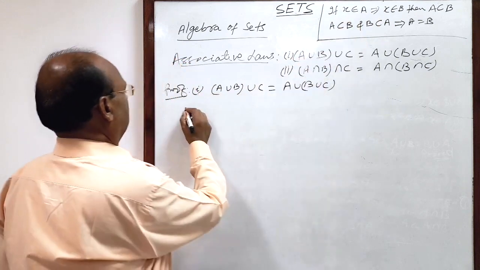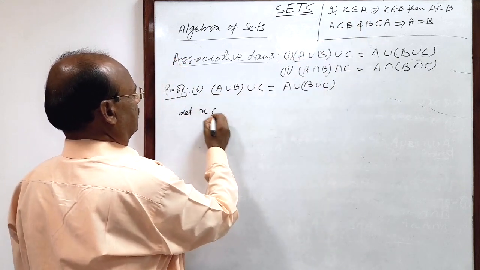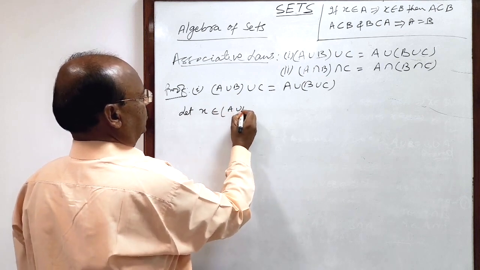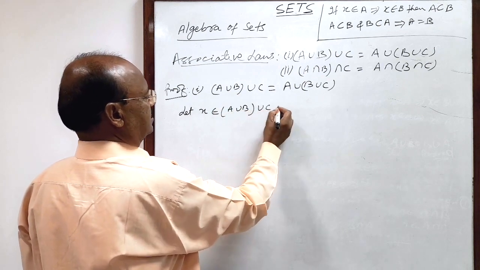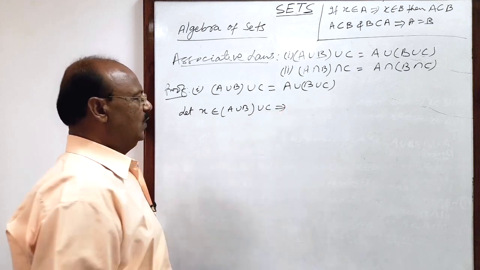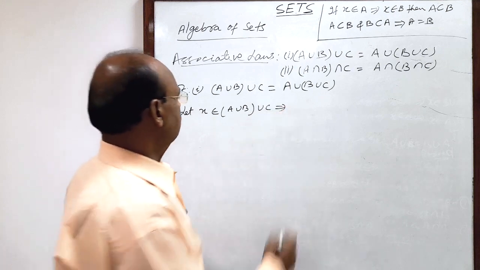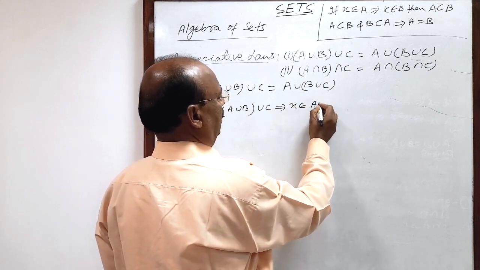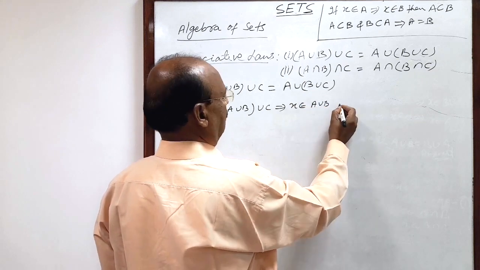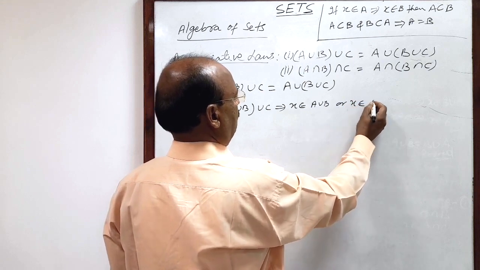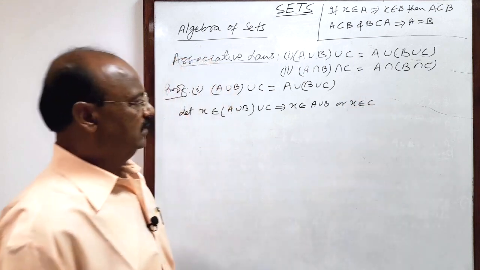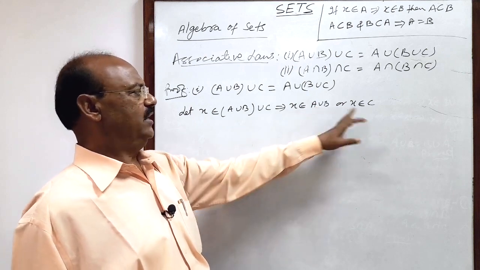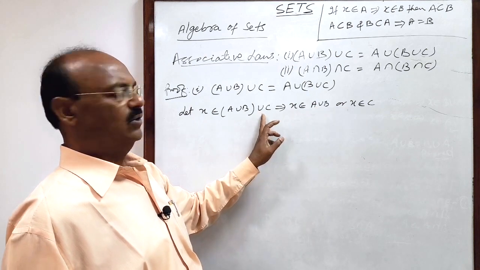Let X belong to the left hand side, (A union B) union C, and this implies that X belongs to A union B or X belongs to C. You know that if an element belongs to any one of these two sets, it will belong to the union of these two sets.